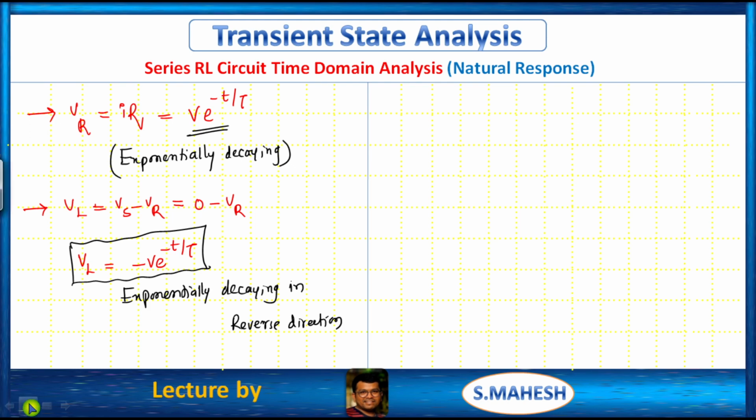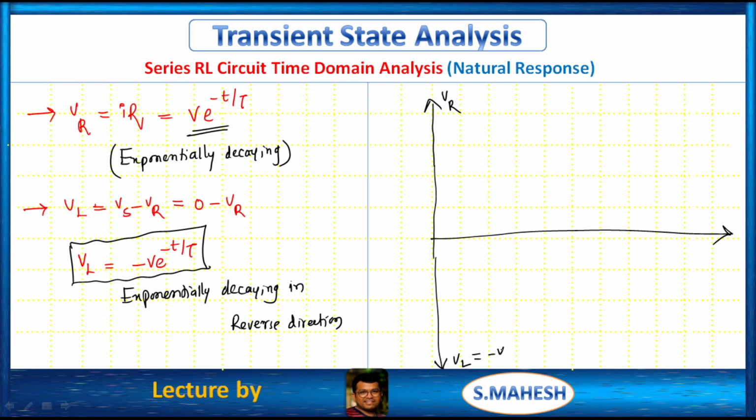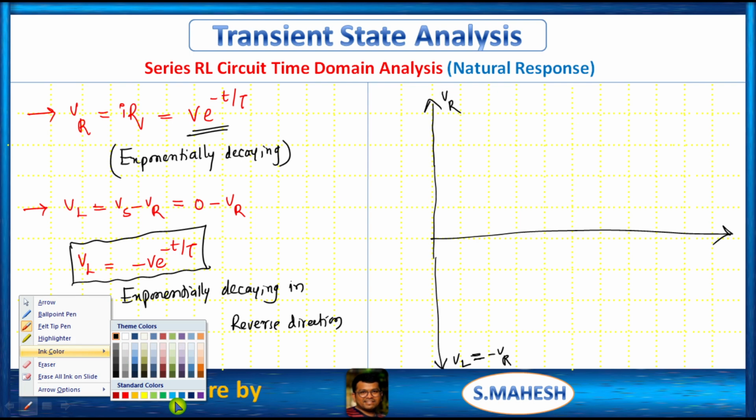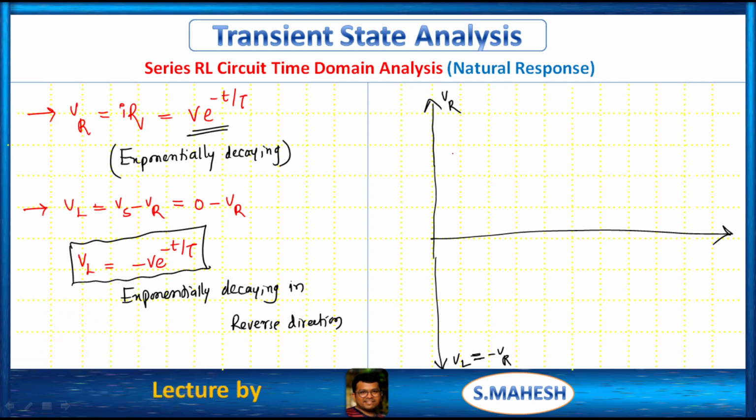Let us say this is VR, this is VL, which is equal to minus VR. Therefore VR is exponentially decaying, V into e power minus t by tau, like this.